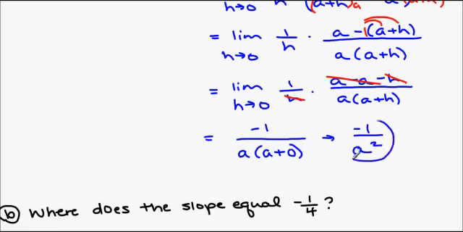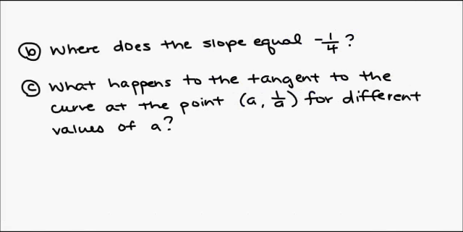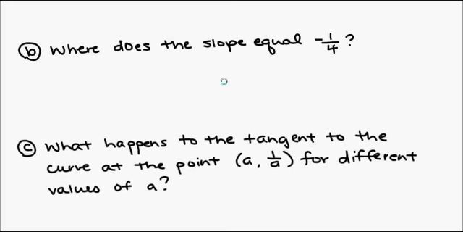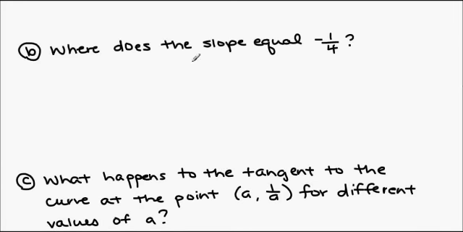So this is the slope of the curve at x equals a. Okay, part B asks, where does the slope equal -1/4? So what we're going to do is take the slope, we already determined that was -1 over a squared, and we'll set it equal to -1/4.